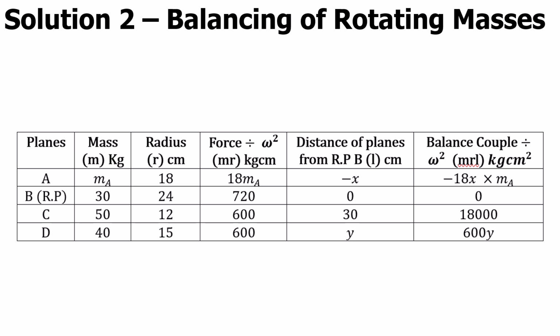The negative is due to its position. Mass D's couple is 600y. So we'll use the table to solve for mA by ensuring the sum of the forces cancels out. Also, we'll determine x and y by balancing the couple terms to 0 for dynamic equilibrium.